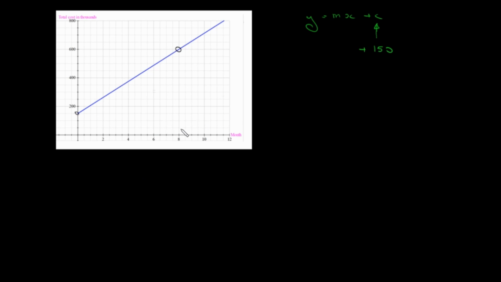Now what we need, so we have mx plus c equals y, is to find out the slope, the gradient m, which is the change in y over the change in x, which is the last value, whatever one it is, minus the first value.